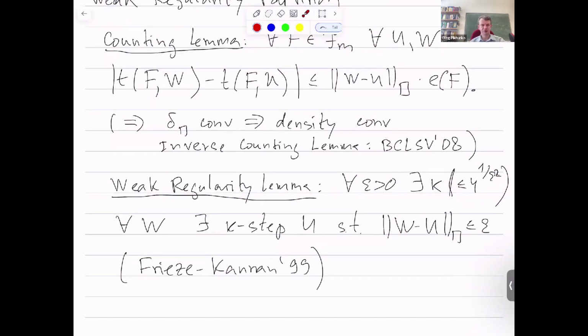Yeah, so that's all I wanted to say about graphons. Let me just pause if there are some questions. I know it was very vague, but if you have interest in combinatorics and graph theory, and you heard about the regularity lemma, it's good to keep this connection in mind.